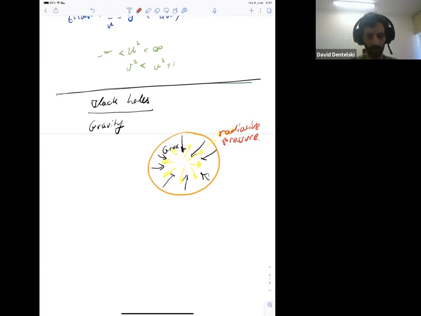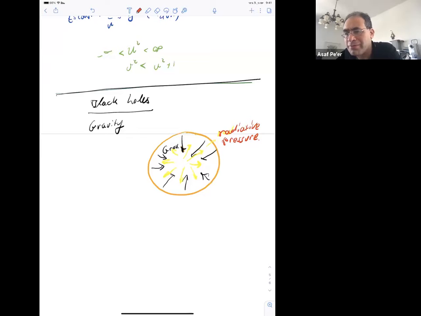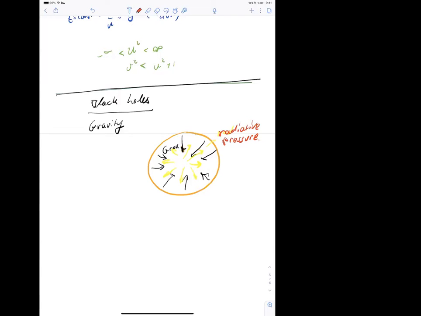It'll collapse inwards. Why would it collapse? Because the nuclear source will simply run out of fuel. There's no more fuel, then it collapses. It will go through a stage of a red giant first. That's true.